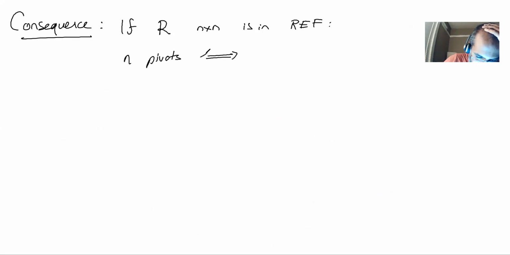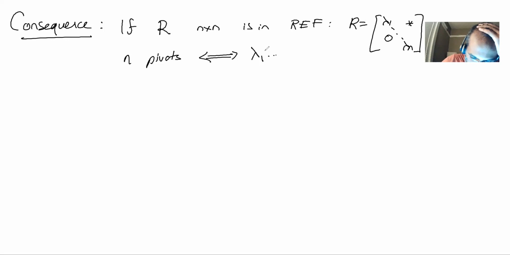Remember, R has some entries lambda 1 through lambda n, with 0s below the diagonal. Having n pivots is the same thing as saying all of these are not 0, because the pivots are going to be on the diagonal.